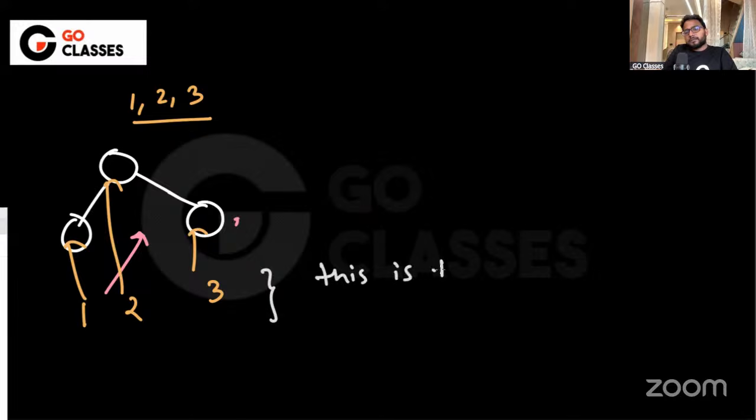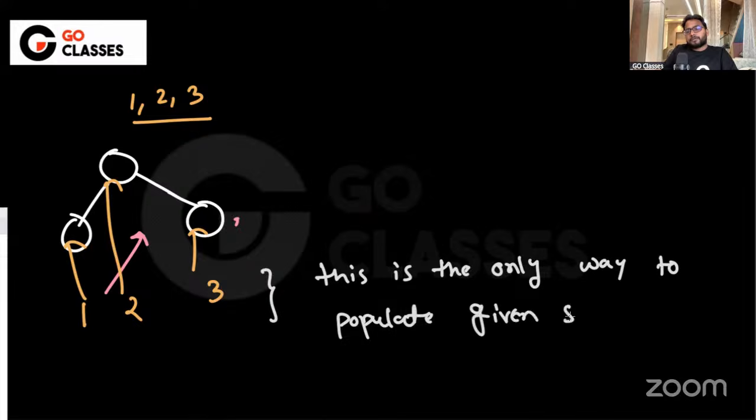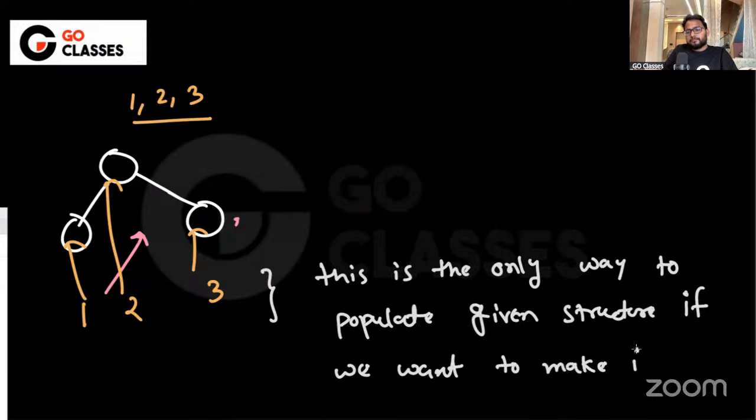This is the only way to populate a given structure if we want to make it a binary search tree. Is this fine to everyone? Let me know.